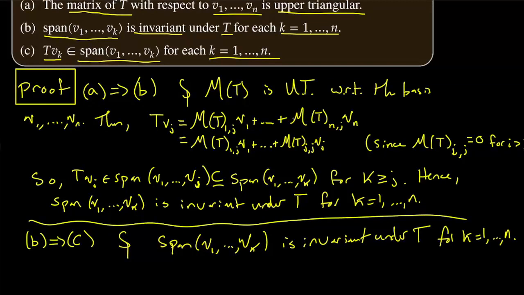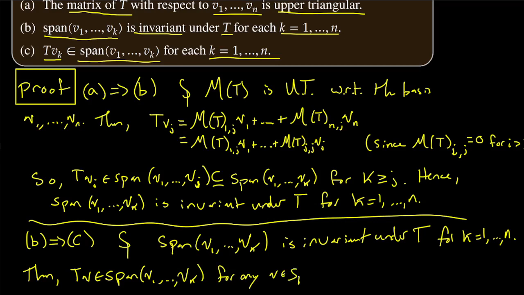Okay, now we want to show that T of vk is in the span of v1 through vk. Then T of v is in the span of v1 through vk for any v in the span of v1 through vk.